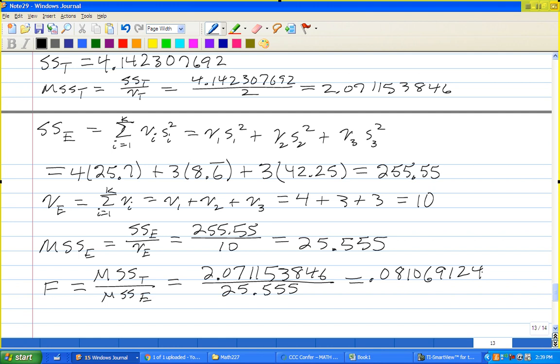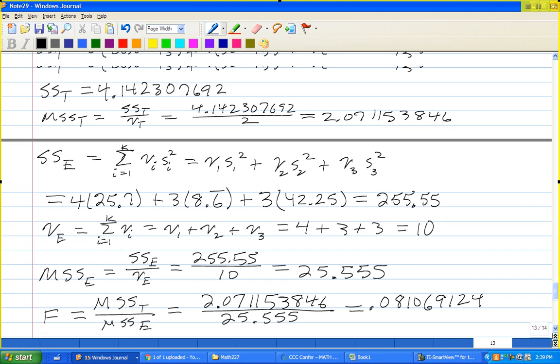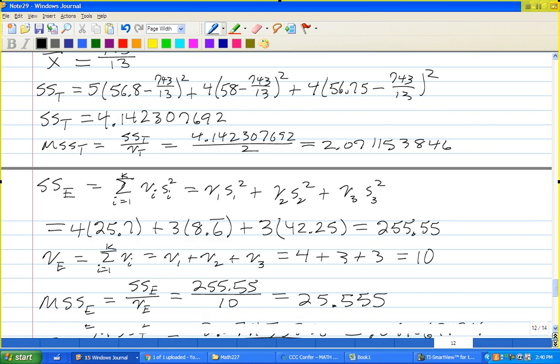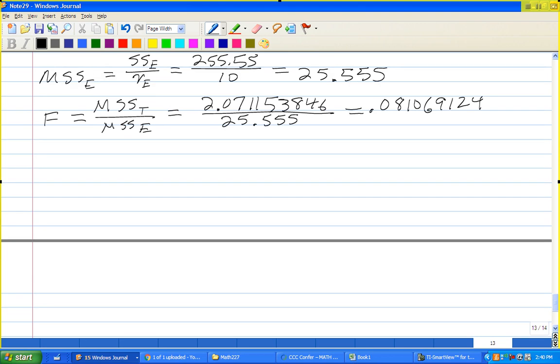And so that's my test statistic. And now you go, oh, okay. We're way out here, so we're definitely not in the rejection region. So I do not reject the null hypothesis.